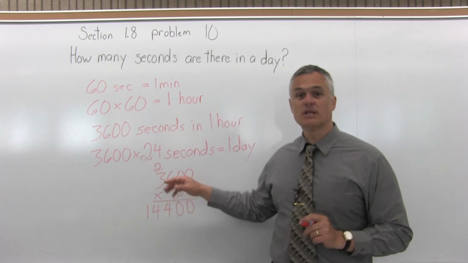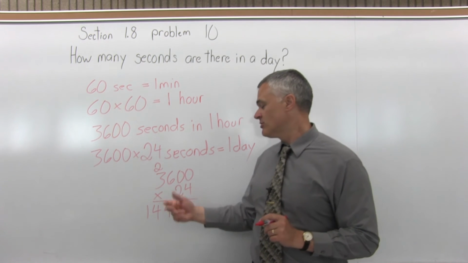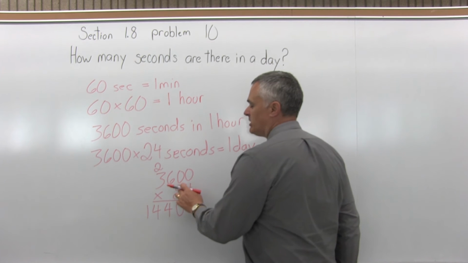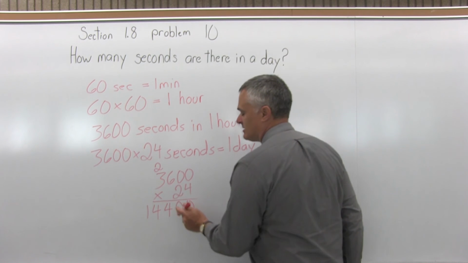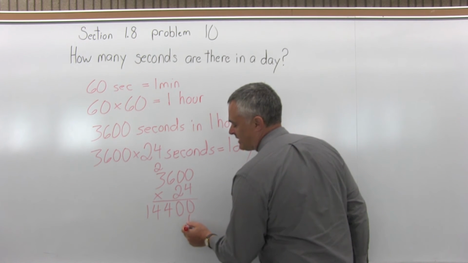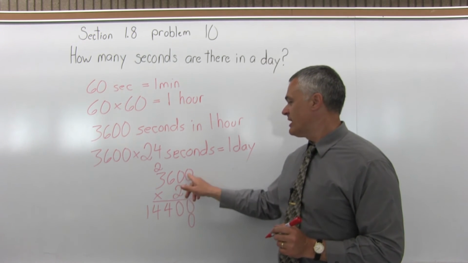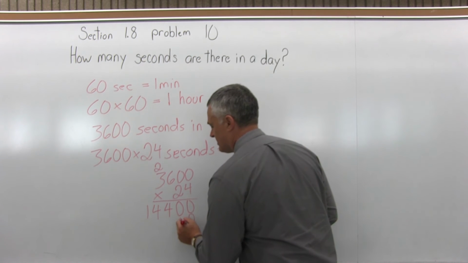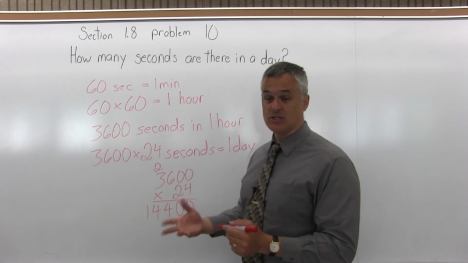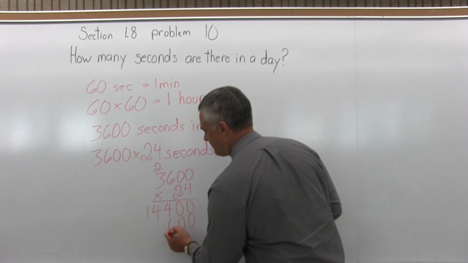I can move over to the 2, start multiplying that times the number on the top, the 3,600. But before I multiply a digit in that position, that tens position, I have to fill in a 0 in the ones position below it. So now I can do 2 times 0. That's a 0. 2 times the next digit is 0 again. 2 times 0 is 0.